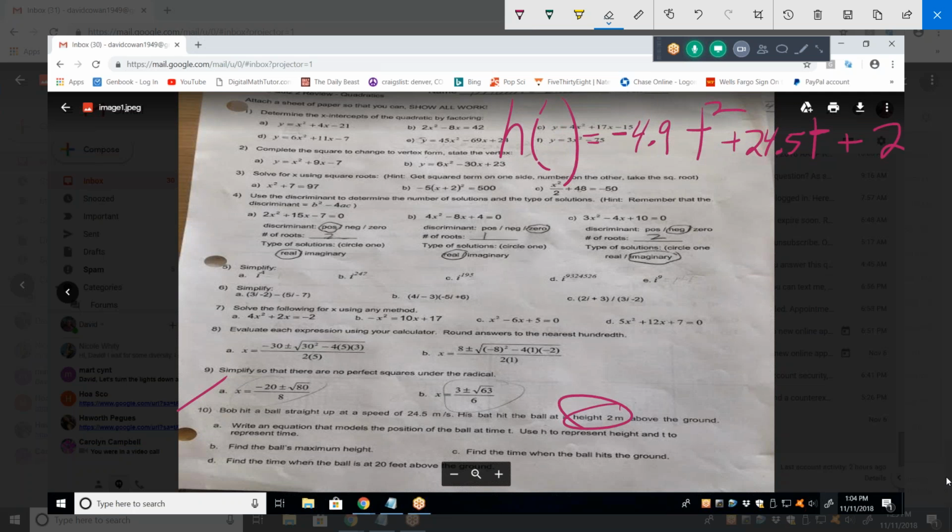It's not h of x, it's h of t. What that tells you is that it's a function of t. It's not a function of x. In other words, the variable that I'm going to find on the other side of the equation is going to be t, not x. Okay? So that is the quadratic that controls this motion.